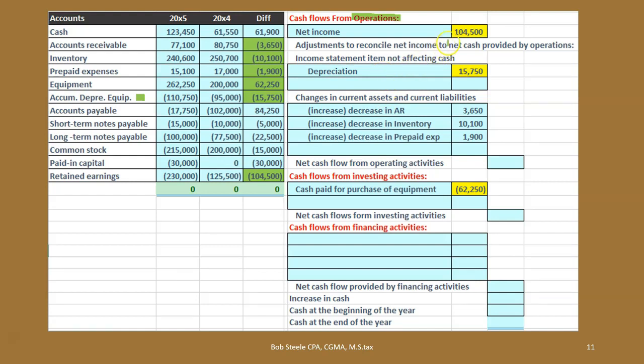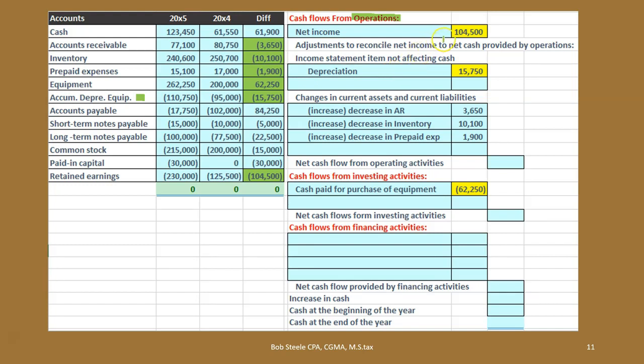Well, it means that within this net income of 1045, there is depreciation, which had nothing to do with cash, because we debited depreciation expense and credited accumulated depreciation, which has nothing to do with cash at that point in time. At that point in time, no cash was affected. Depreciation expense decreased net income, and on a cash basis, it shouldn't have.